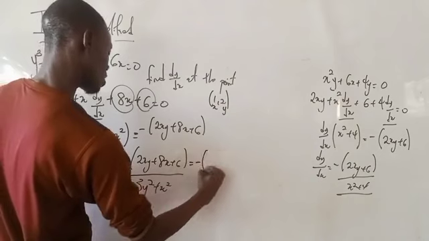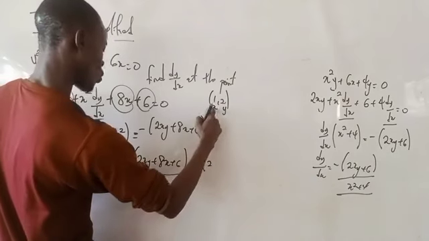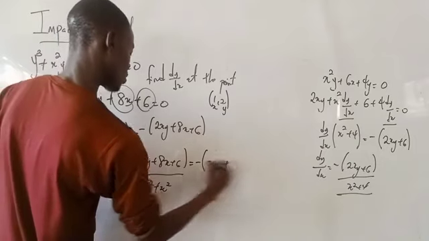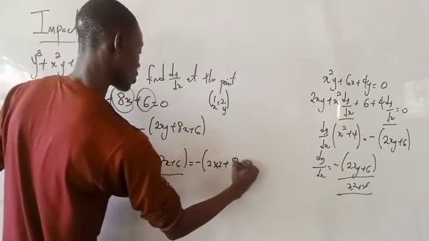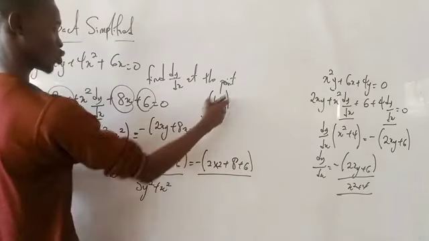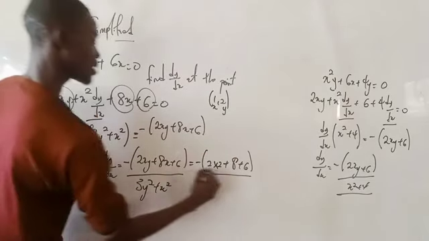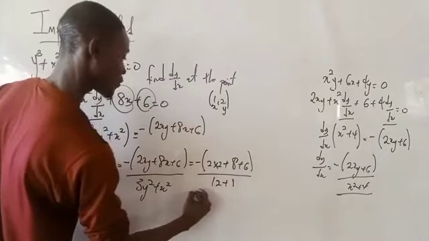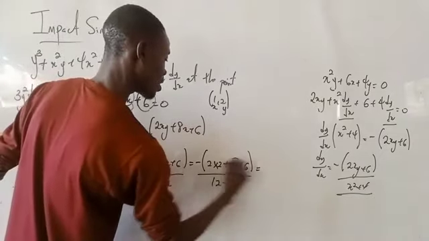We have minus into 2 times 2 plus 8 times 1, which gives 8, plus 6, over y squared: 2 squared gives us 4, 4 times 3 gives us 12, plus 1 squared gives us 1.